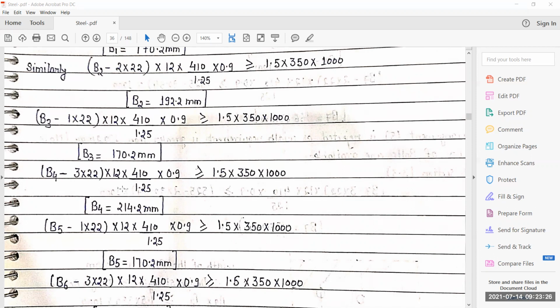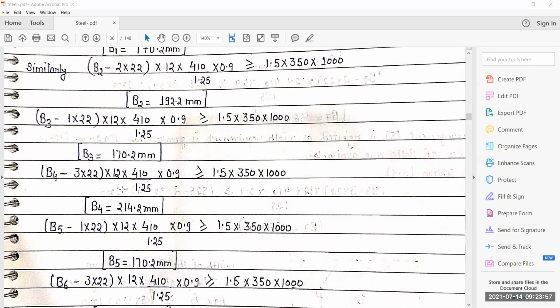Okay, then continuing with B4, 14 into 2 mm. So B5 minus 1.2 into 12 into 410 upon 1.25. Okay, then B4 equals 14 into 2 mm, B5 is 1 into 2, 2 into 12 into 410 over 1.25 into 0.9, equal to 1.5 into 350 into 1000.